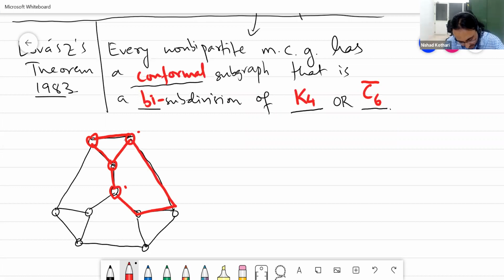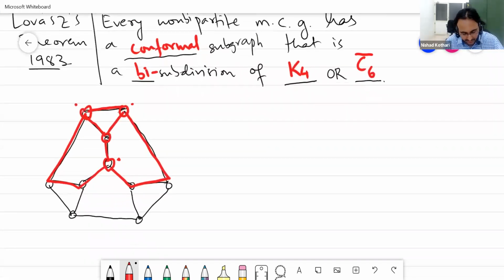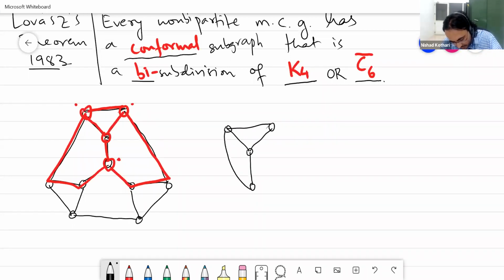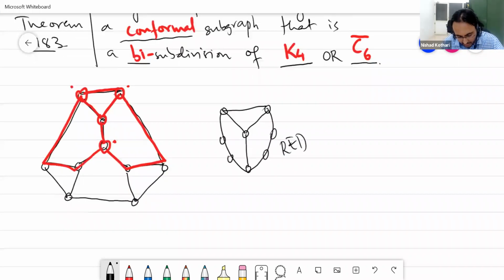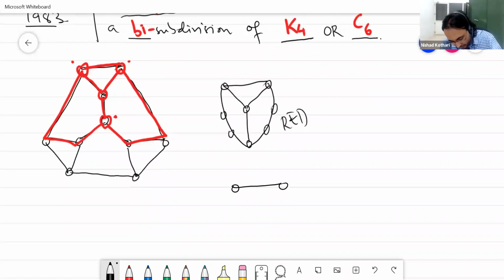And then I need to connect this one with this one like this. What you have is a graph that looks like this. You can redraw the red colored subgraph. This is what the red colored subgraph looks like. And remember, this is the graph K4.